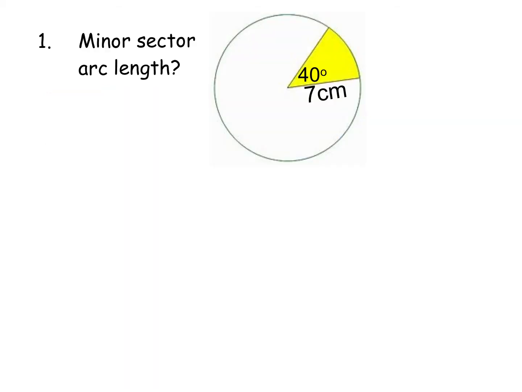So in this question, I want to find the arc length of this minor sector. So I want the distance from here to here. So I'm going to start with the formula. So it's arc equals, it is your angle over 360, so my angle is 40, over 360 times pi d.